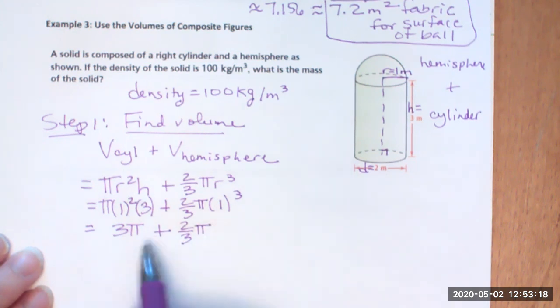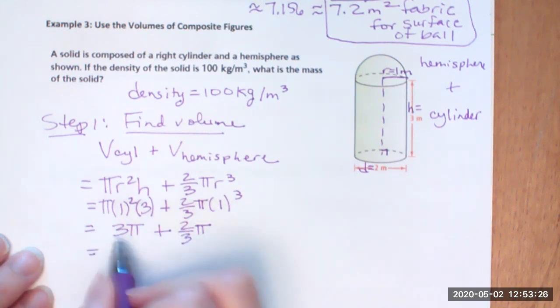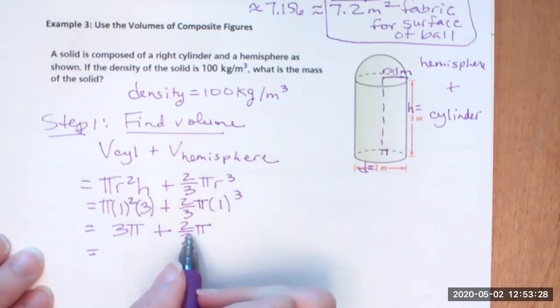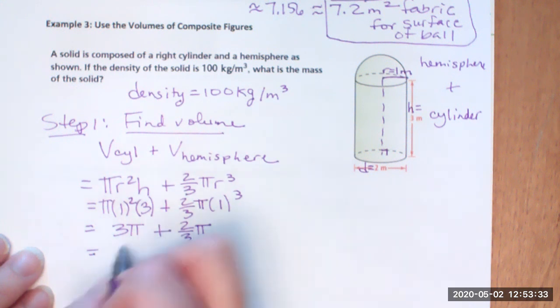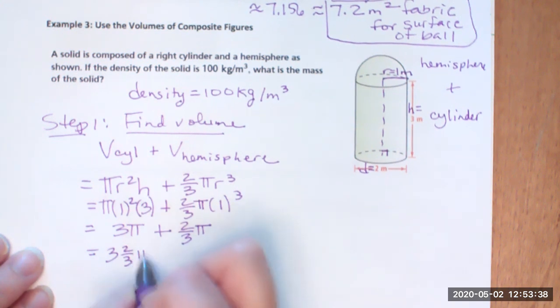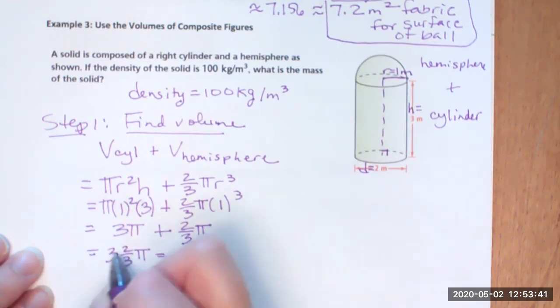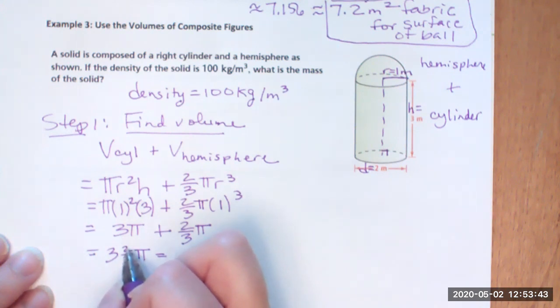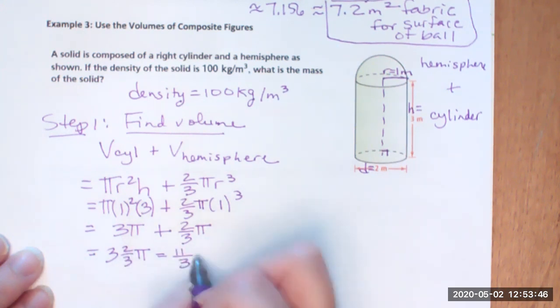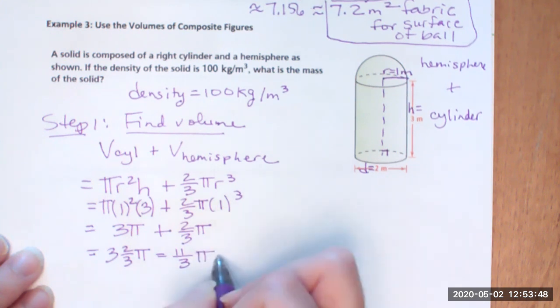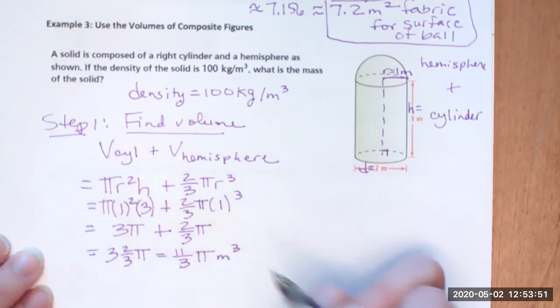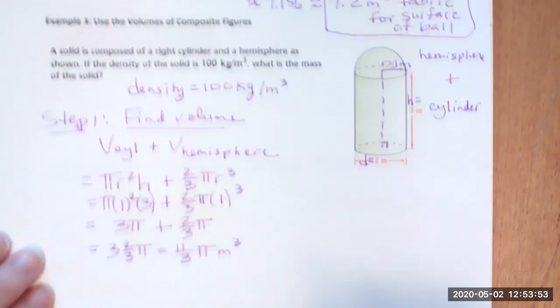It makes the most sense to add these two together, combine like terms, and then multiply by pi. So 3 plus 2/3 is 3 2/3 pi, or 3 times 3 is 9, plus 2 is 11/3 pi cubic meters. That's the volume.